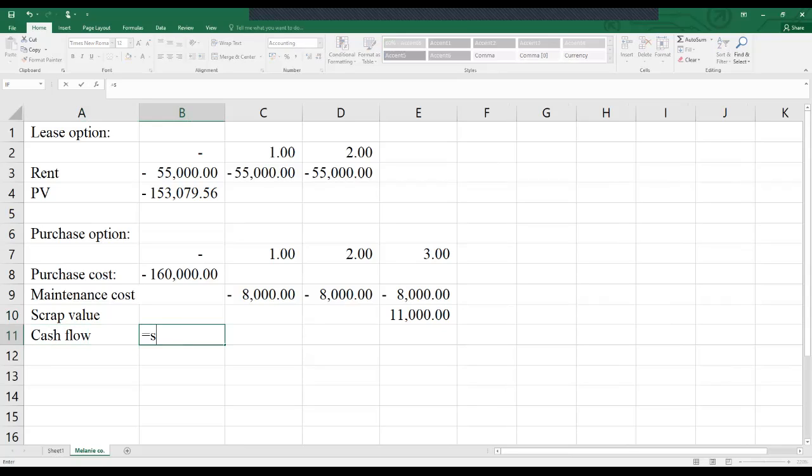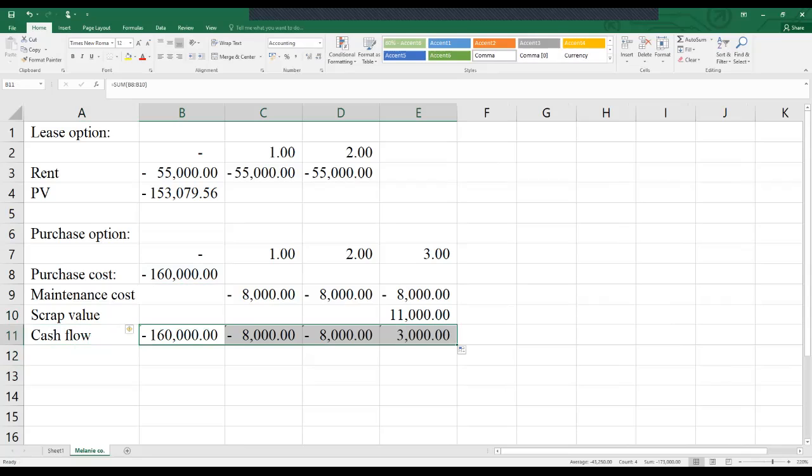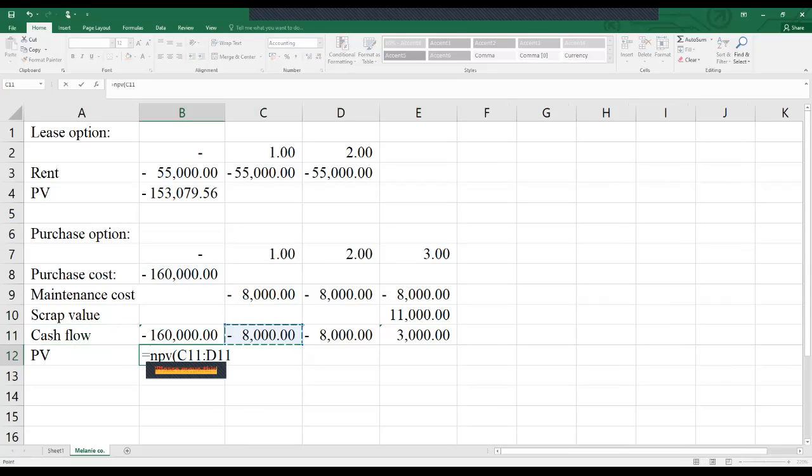Year 1, simply do the sum of the cash flows you have there, year 0 all the way to year 3. Once you've done that, you get the present value of cash flow, which will be equal to NPV. We define from year 1 cash flow, year 1 all the way to year 3, plus year 0.